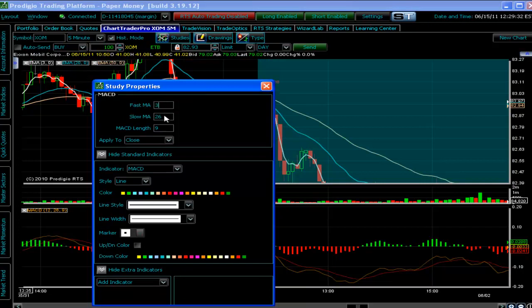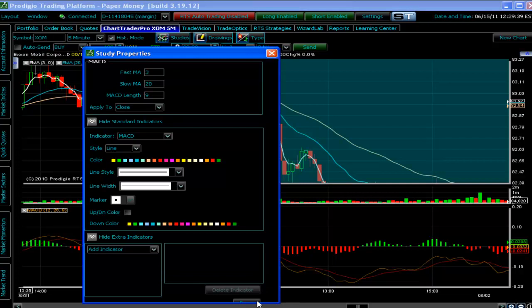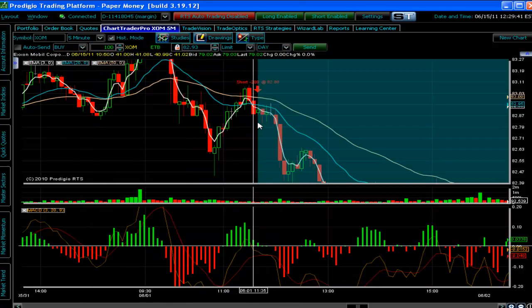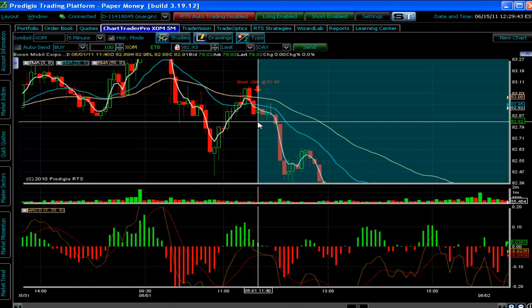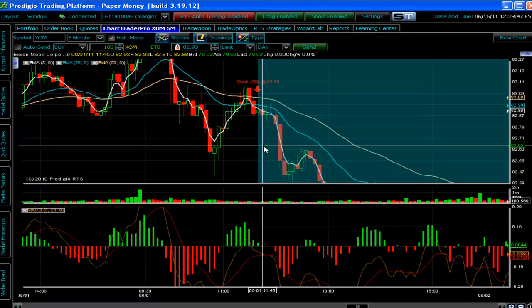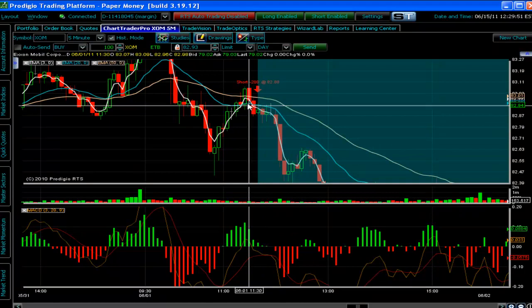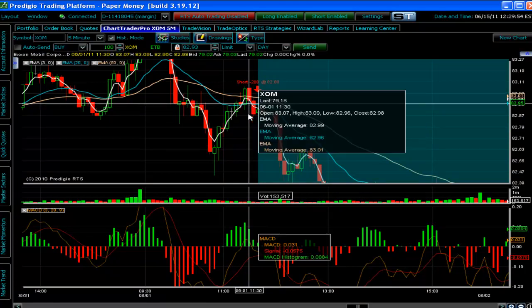So let me change this to 3, and let me change this to 20. Right, I'll hit done here. I may or may not have all of these perfectly lined up, but it's going to illustrate the point. The difference between these two moving averages changes with time.